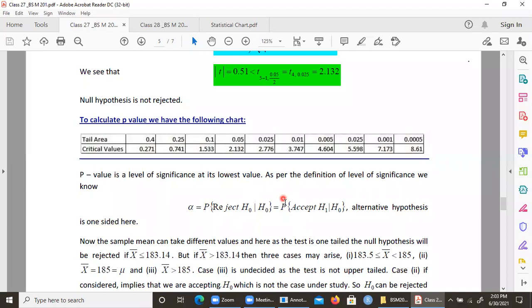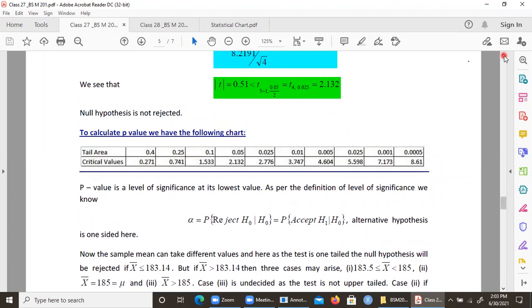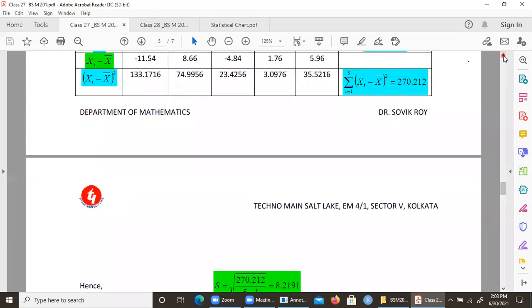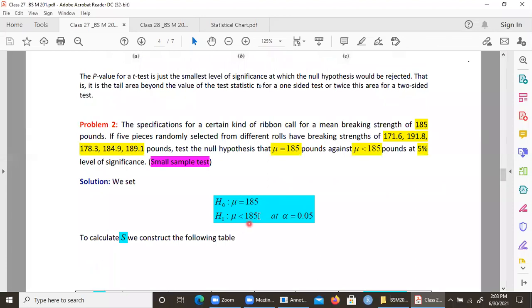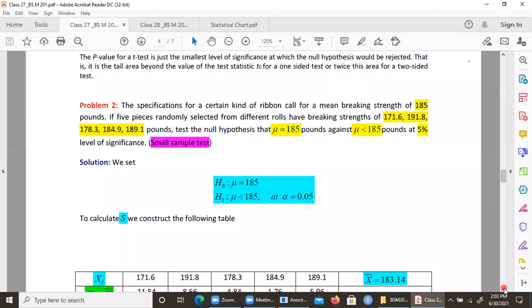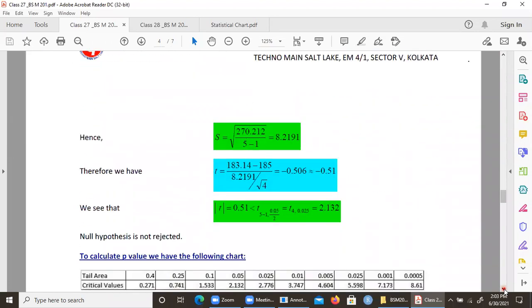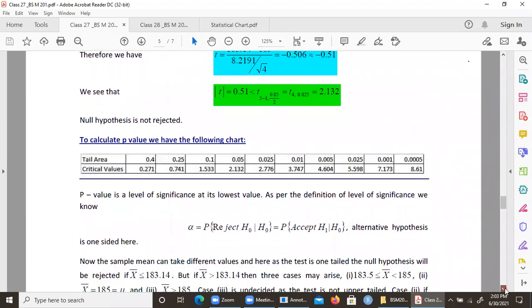Or it is similar to probability of accepting alternative hypothesis given that null hypothesis is true. Alternative hypothesis is, you remember, one-sided here. It is mu less than 185. Just remember this point, because I'm going to use this particular notion in calculating the p-value.